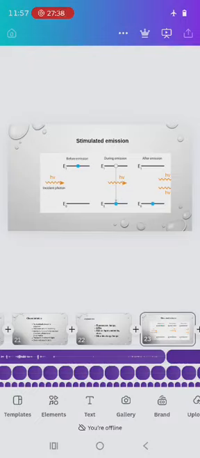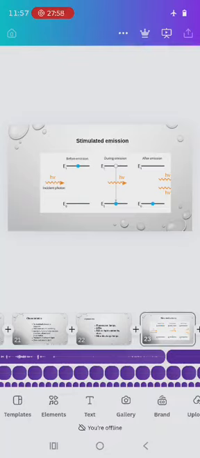Next is stimulated emission. The atom is in the higher energy state and a photon is incident on it. The atom moves from the higher energy state to the lower energy state.